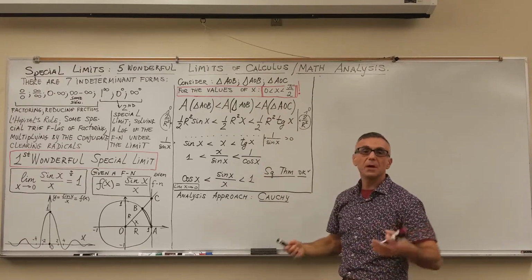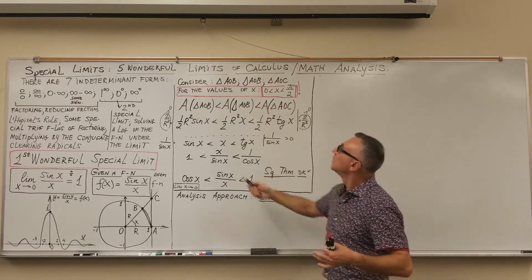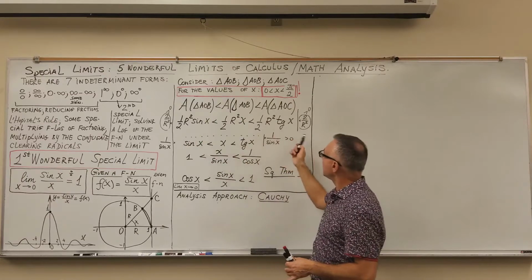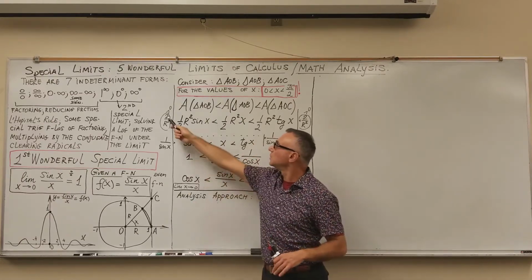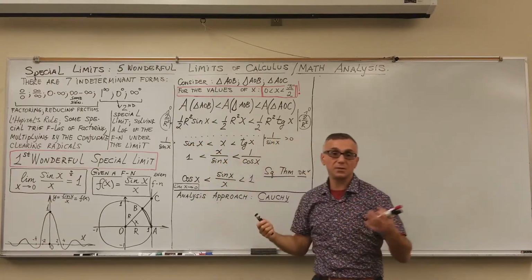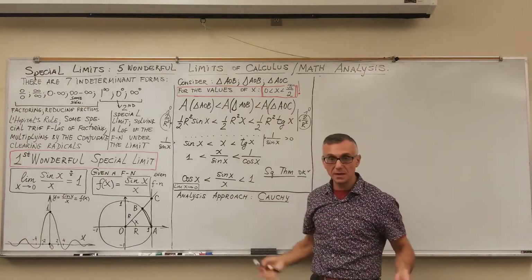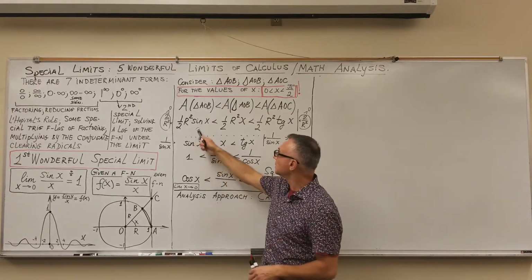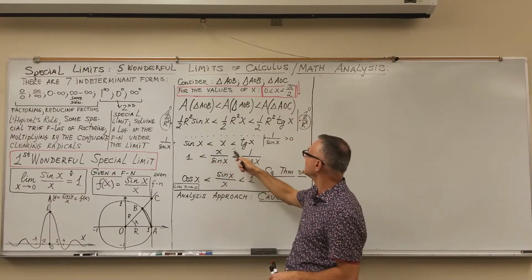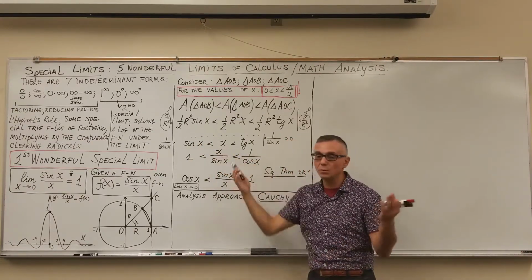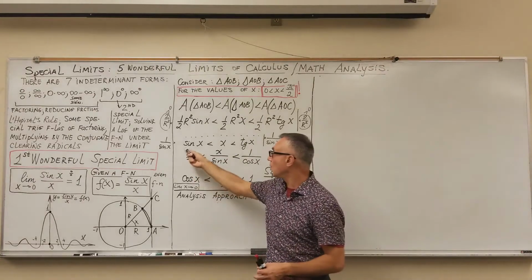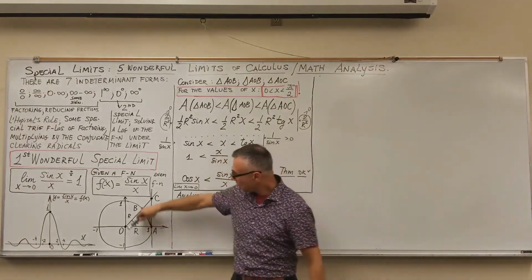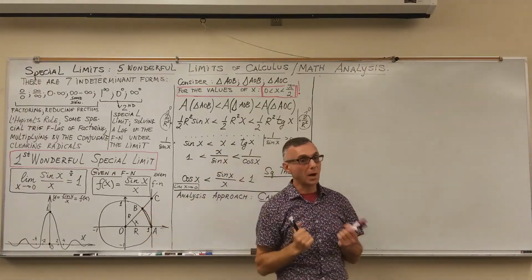Now, simple algebraic manipulations: multiplying all the sides of this compound inequality by 2 over r squared, which is a positive value. All the signs are preserved in this case, so we just clear out fractions. Sine x less than x less than tangent x. We all know that relationship, it always works for values of x in the first quadrant.